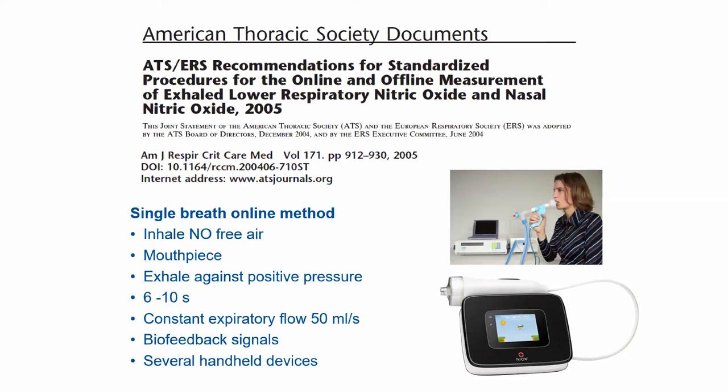So to see that you really expire at a constant flow of 50 milliliters per second, you usually have devices which give you biofeedback, like for children, a balloon, that when you blow too fast, the balloon is too high up in the sky, and if you're too slow, the balloon is too low. And so this will allow you to really expire at a constant level of 50 milliliters per second.